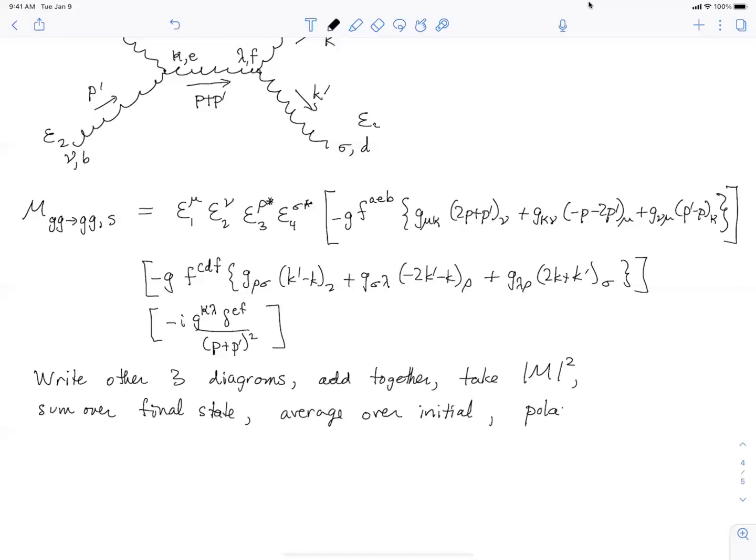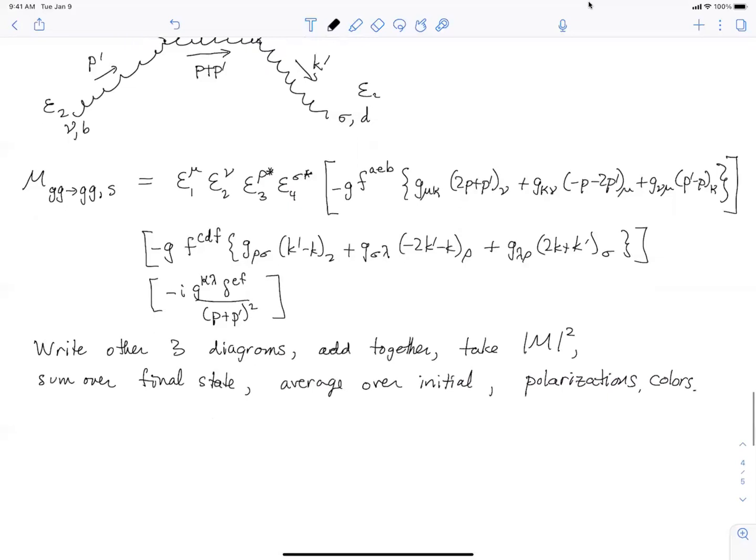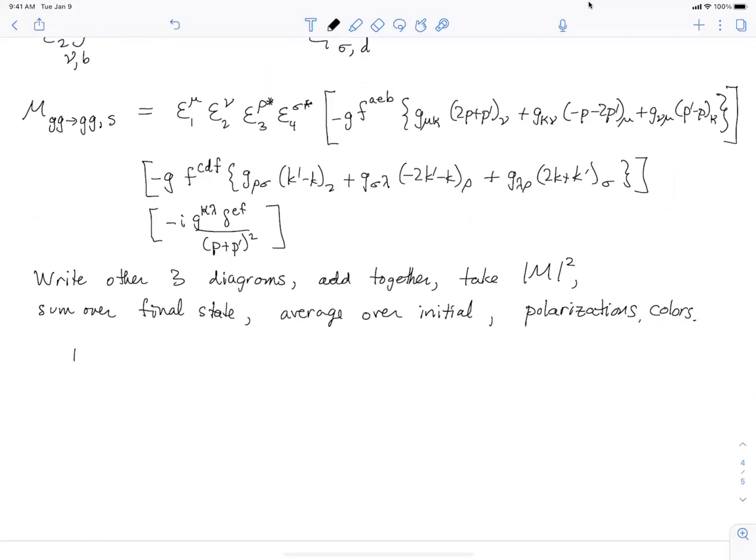So polarizations that are hidden in the epsilons, and colors. Okay, and so that is going to be 1/2 sum over lambda 1 polarization, 1/2 sum over lambda 2 polarization, sum over lambda 3, sum over lambda 4, and then 1/8.